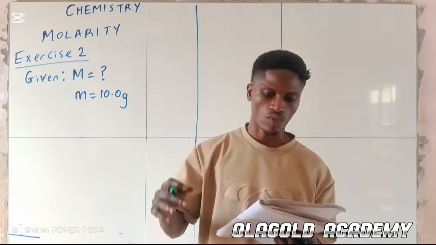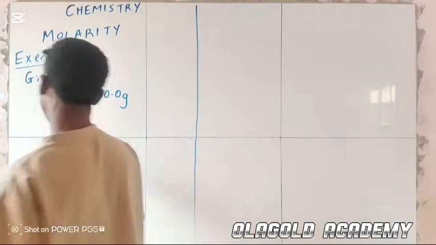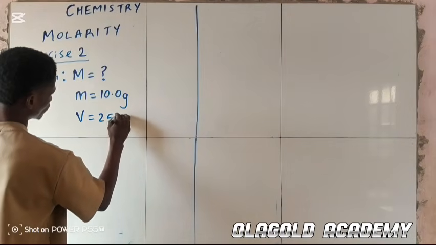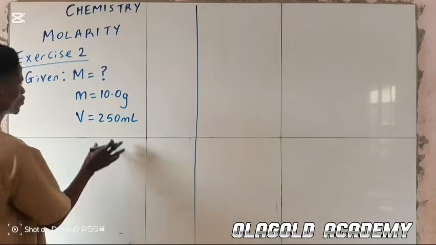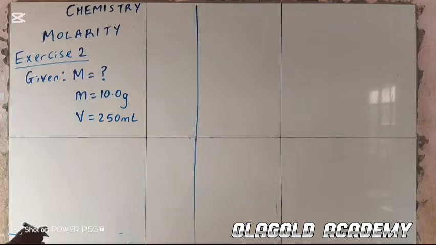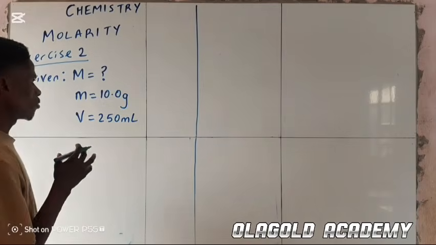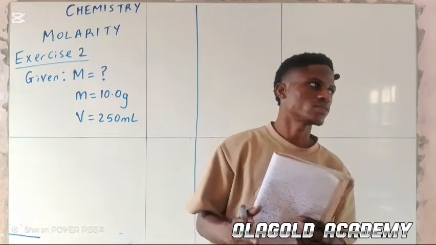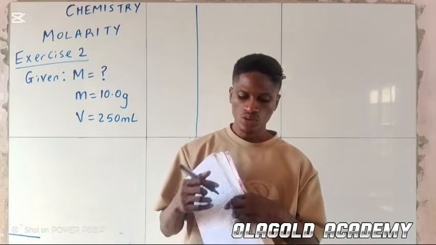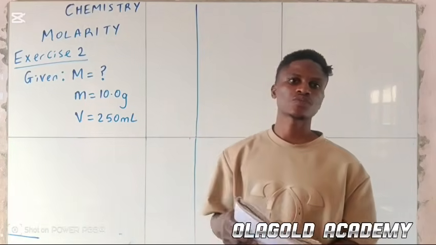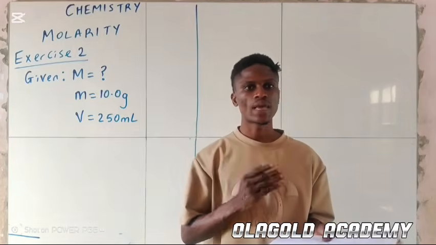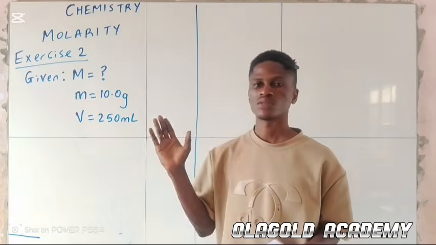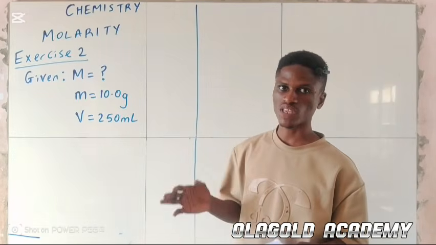From the question there, we are given volume, which is 250 milliliter. From the formulas that I've given so far, what formula is the best to make use of here? If we use M1 V1 equal to M2 V2, in this case it cannot work because we are given mass.